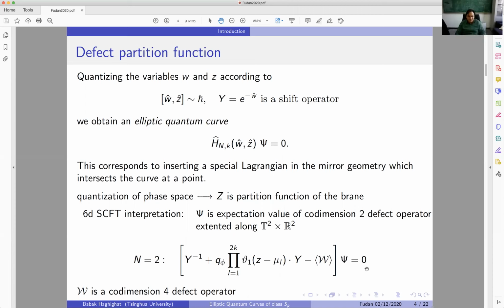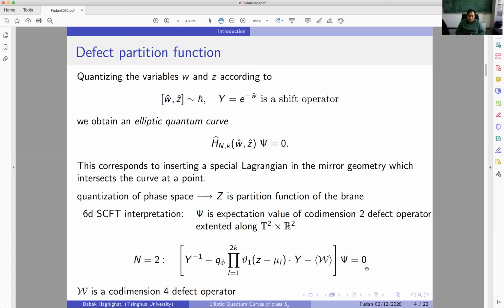I have one question. Any questions? Yes. When you say codimension 4 defect operators, it wraps on T2? Yes, it is wrapping only the T2 and not the R2 or anything, and it's point-like on the R4.